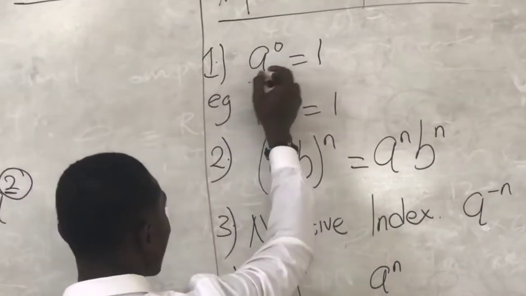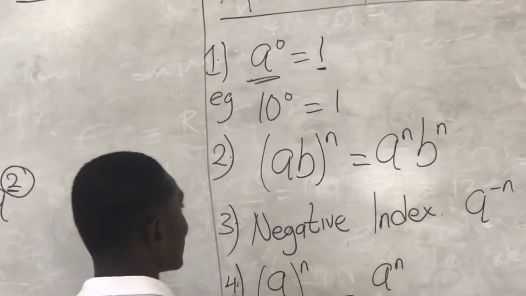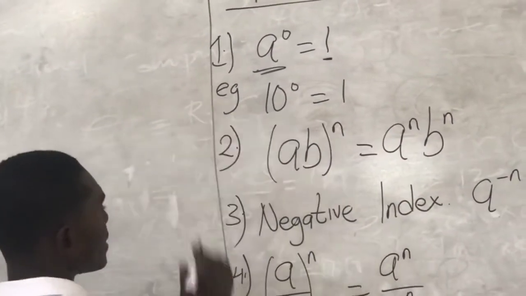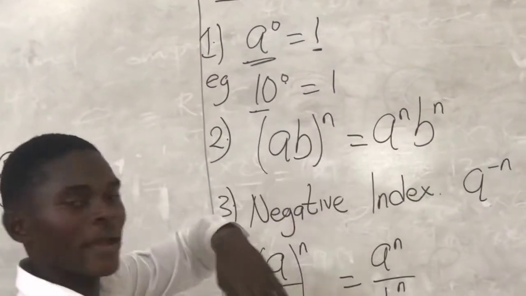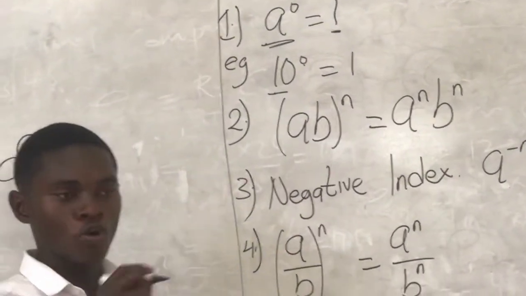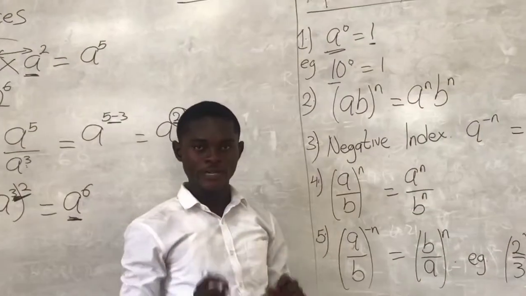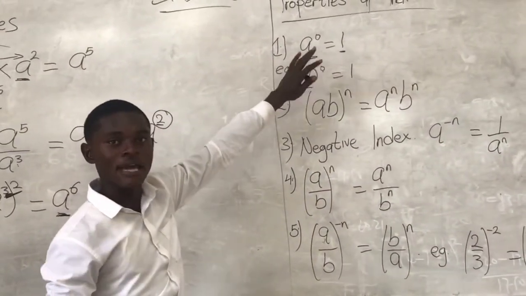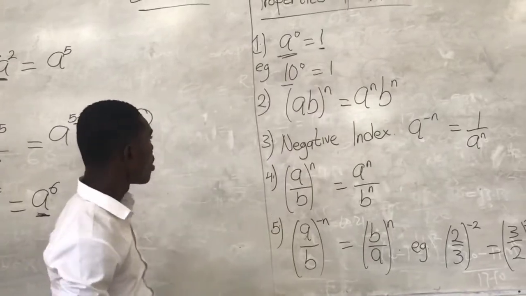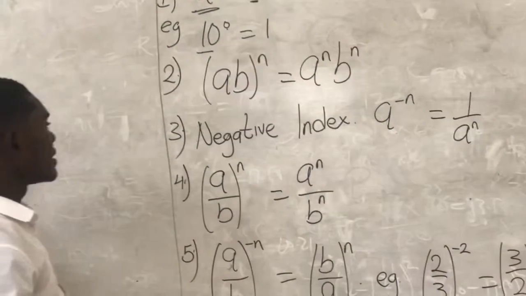We have example 1 here: 10 to the 0 is equal to 1, 100 to the 0 is equal to 1, 1000 to the 0 is equal to 1. So the property says that any number to the power 0 is equal to 1. We keep this in mind.